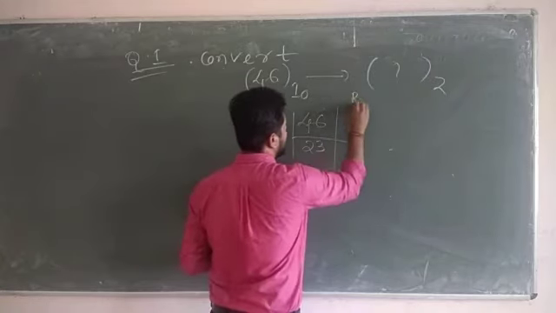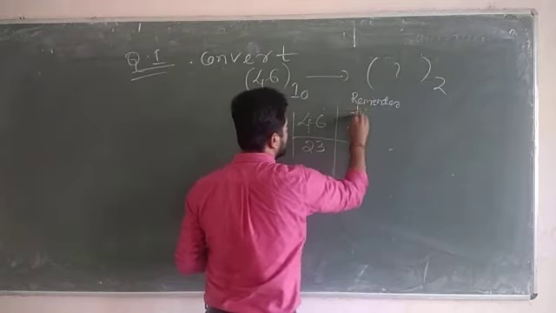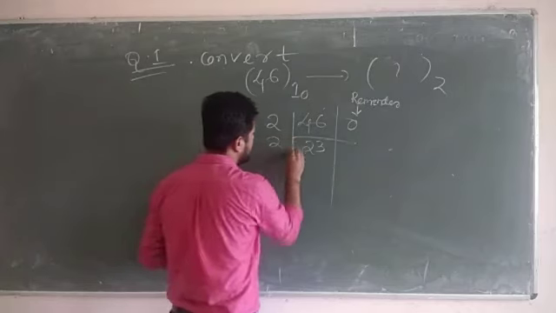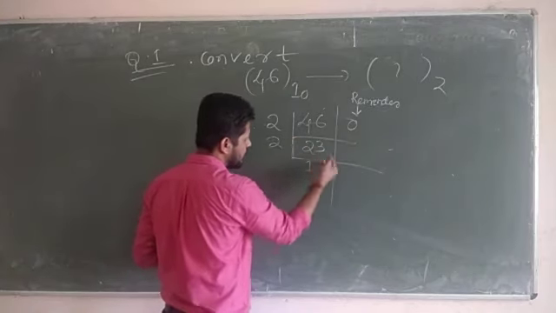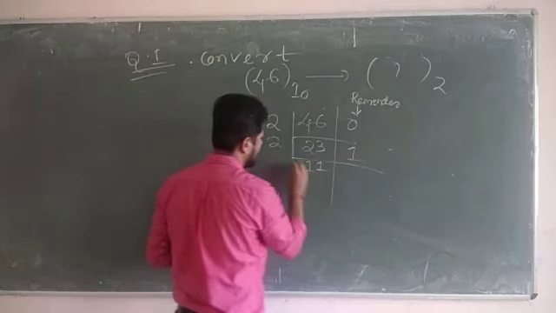This place is your remainder. So again 2 into 11 is 22, so the remainder is 1.